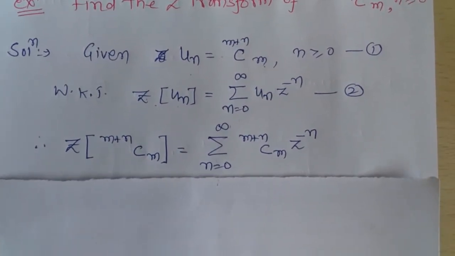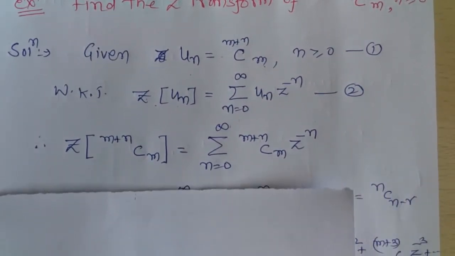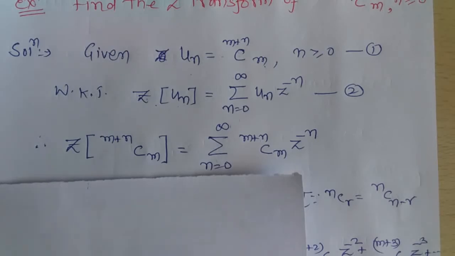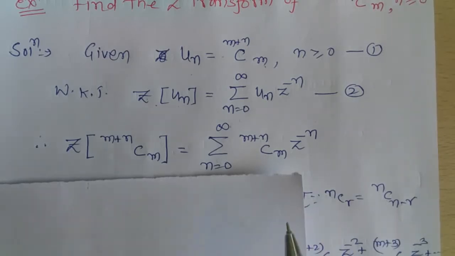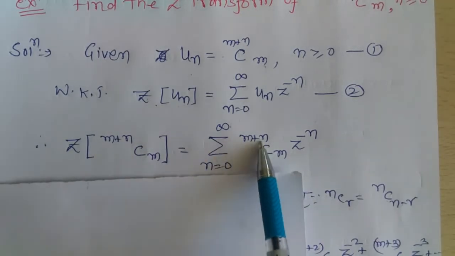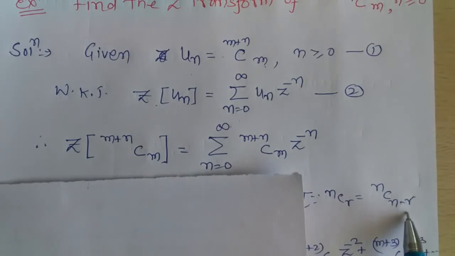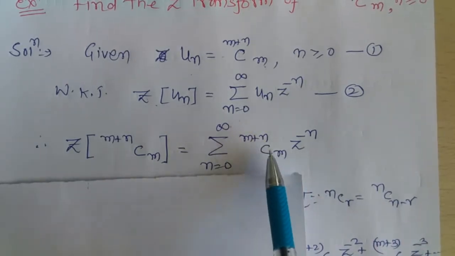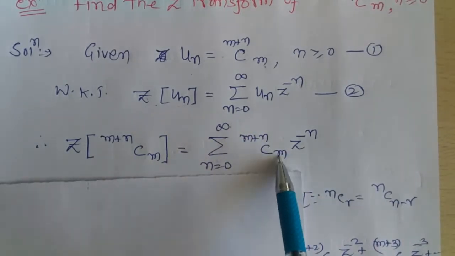Now we use a property of the combination formula that nCr is equal to nC(n minus r). So here (m+n)C(n minus r) gives m plus n minus m, so we get n here.